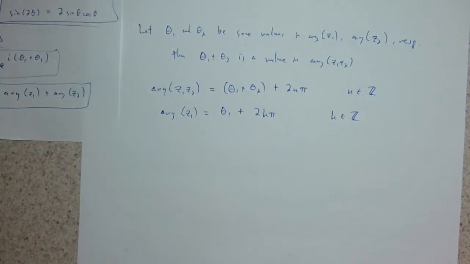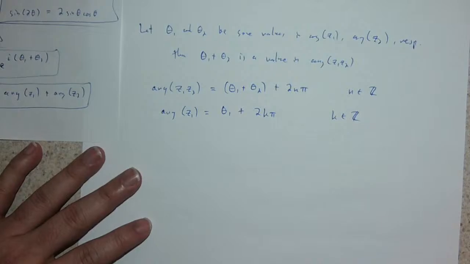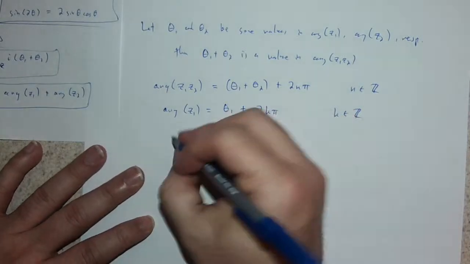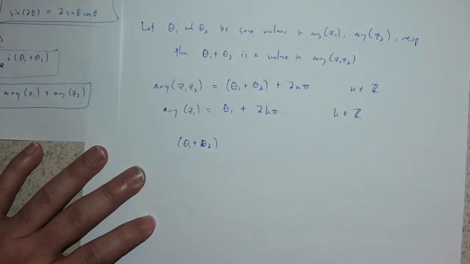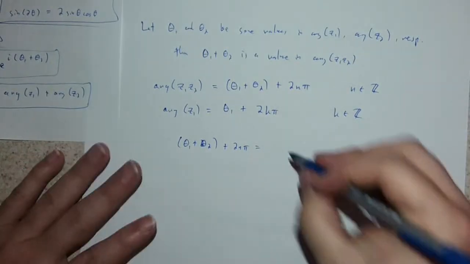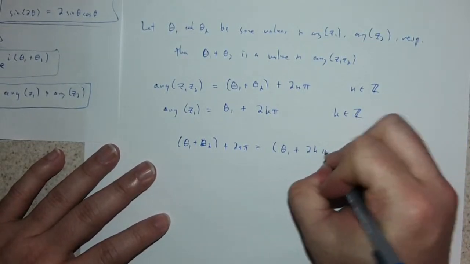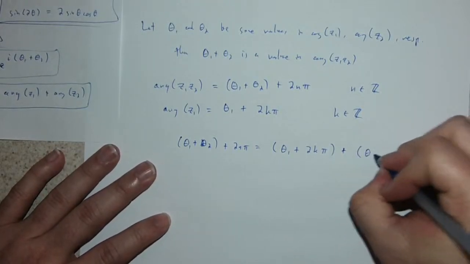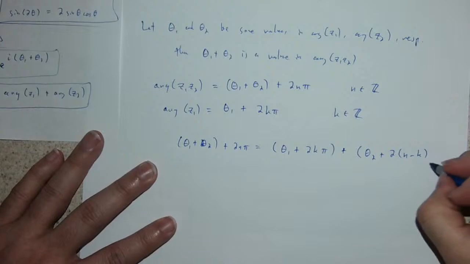But then I can notice that there's some algebra trickery to be done here, where I can say, well, theta sub 1 plus theta sub 2 plus 2n pi can be rewritten as theta sub 1 plus 2k pi plus theta sub 2 plus 2 times (n minus k) pi.